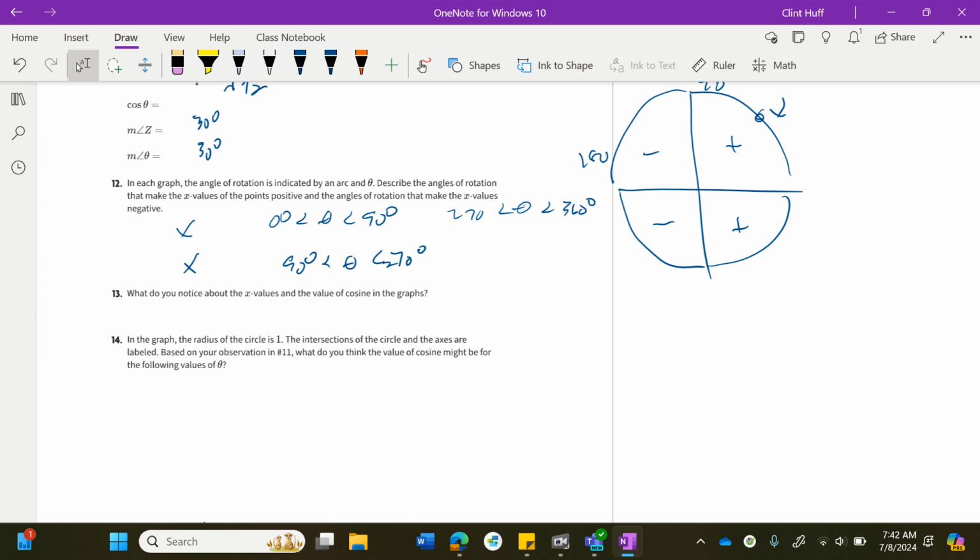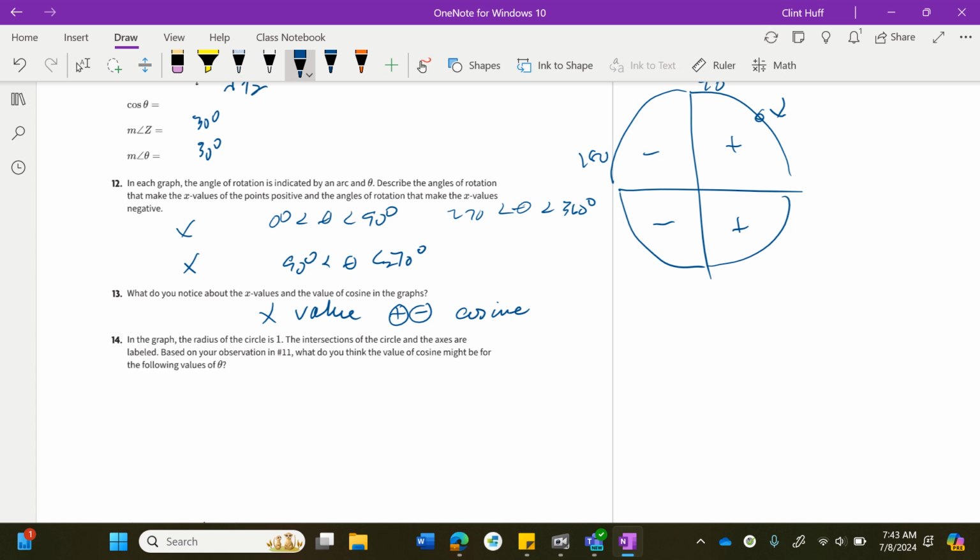Okay, so what do we notice? I think I just explained that. The x value of the point has the same sign, positive versus negative, as the cosine does. Doesn't mean the x value is the cosine. If it were a unit circle, that would be true.